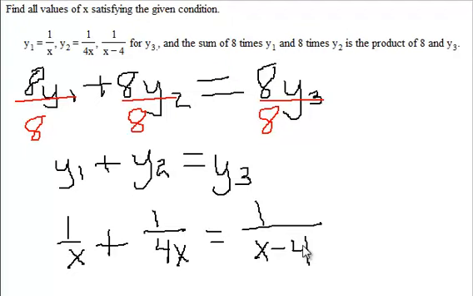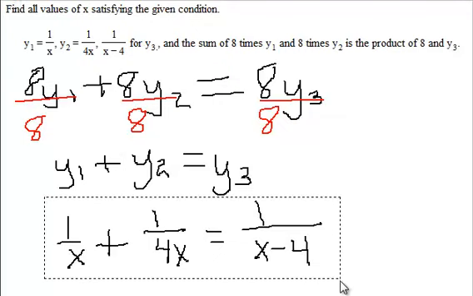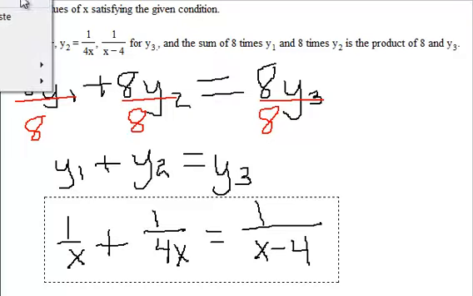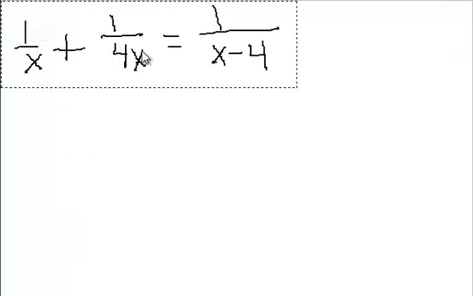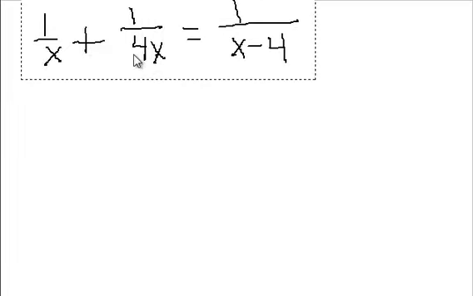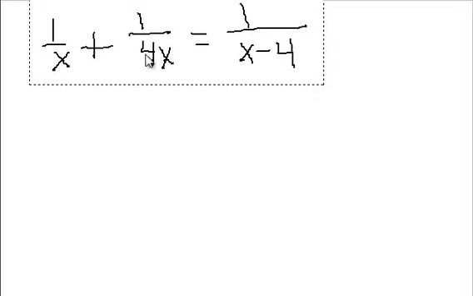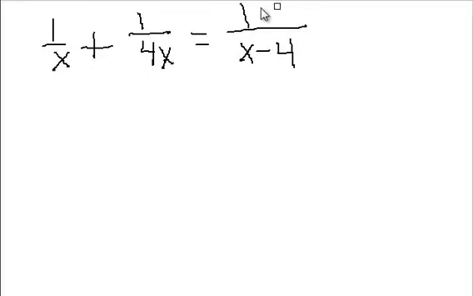Now what we need to do for this problem is actually solve it. But this is what we call a rational equation. And there are some particular concerns that we have when we solve this type of equation.